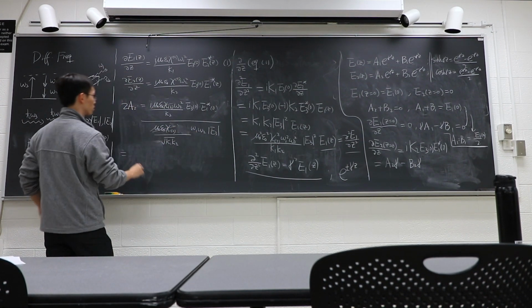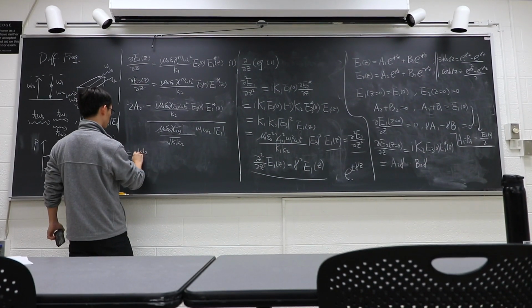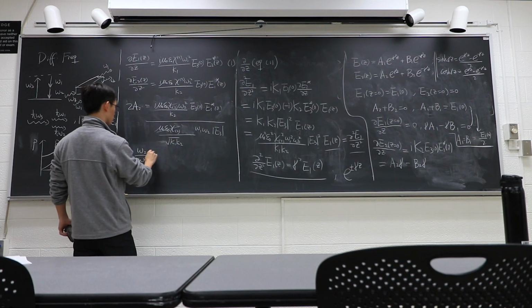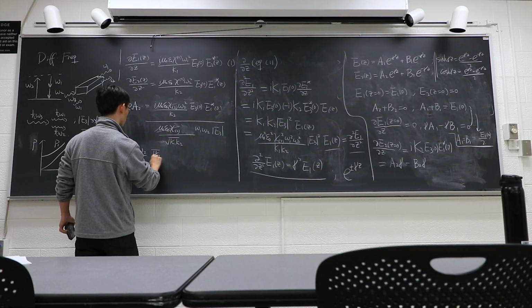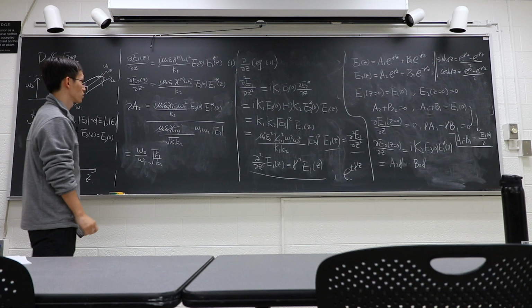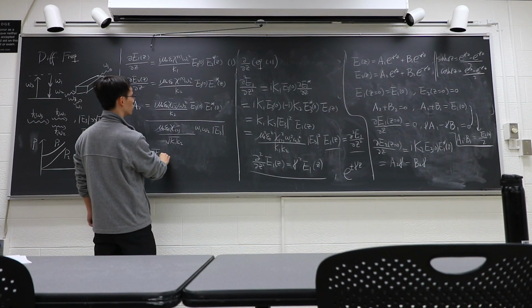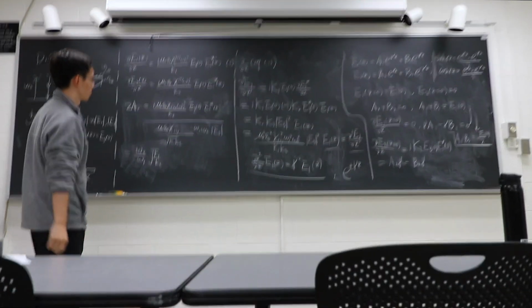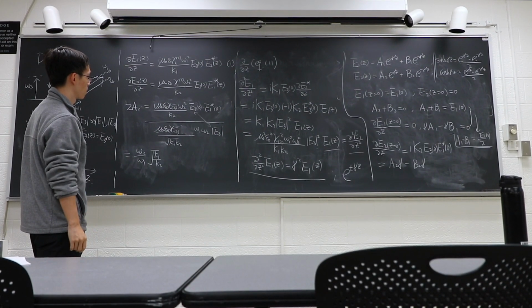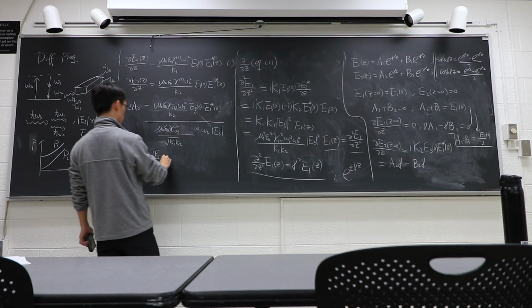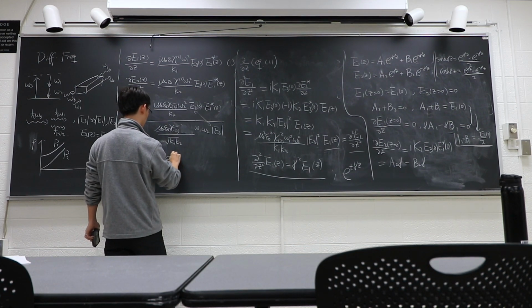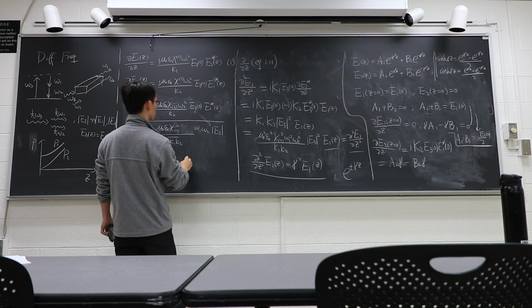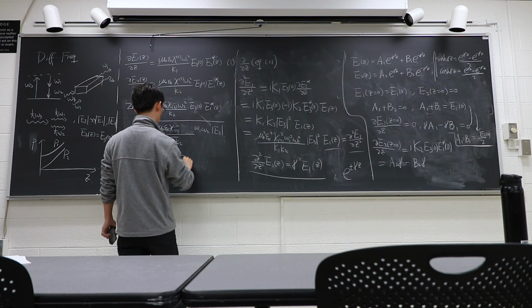Omega 2, omega 1. And then K1, K2. And then this one only gives you, this is a really odd result. It gives you a phase. And then you have E1.